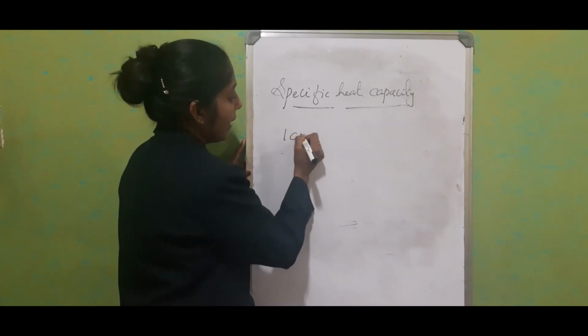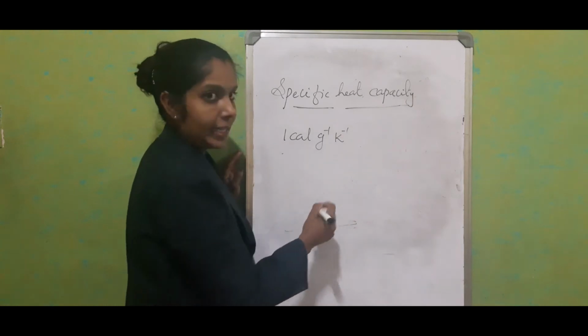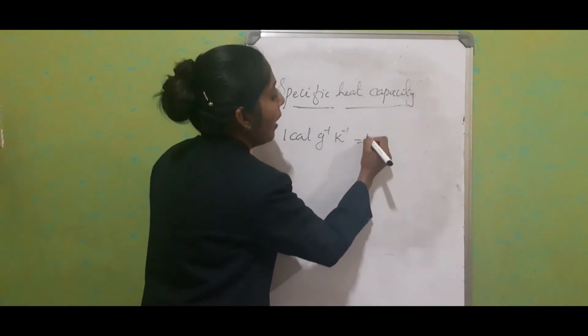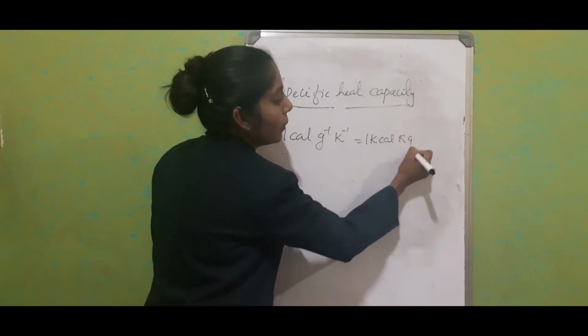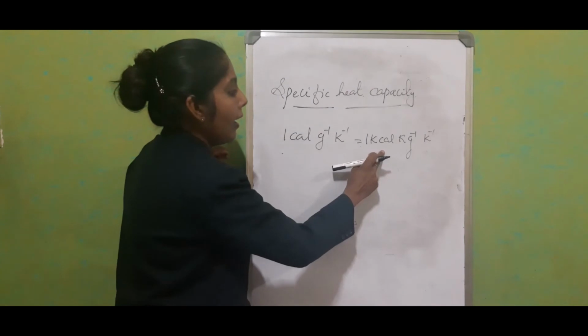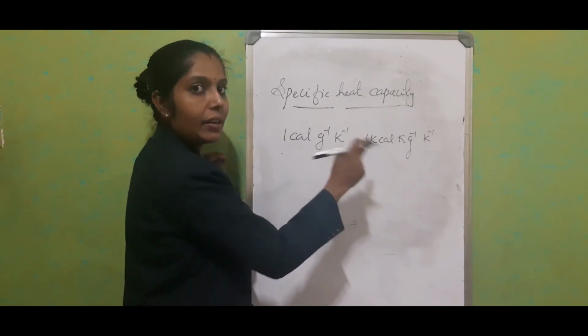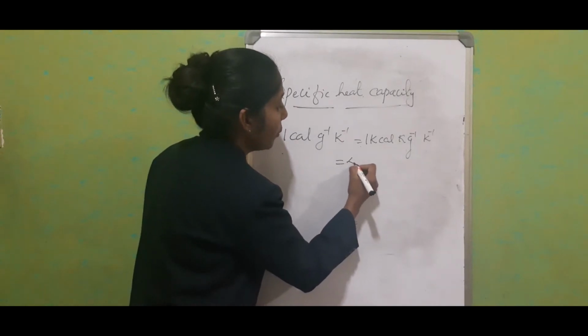So 1 cal gram raised to -1, Kelvin raised to -1 is equal to 1 kilocalorie kilogram raised to -1, Kelvin raised to -1. How can we convert calorie into joule? We have to multiply it by 4.2 joules.